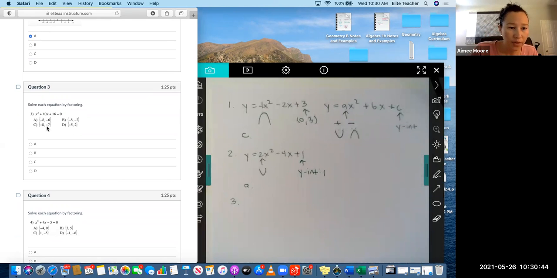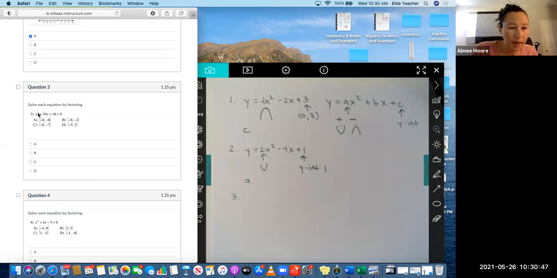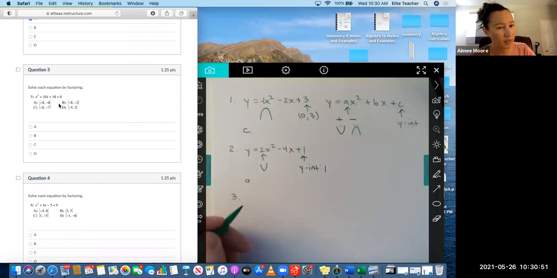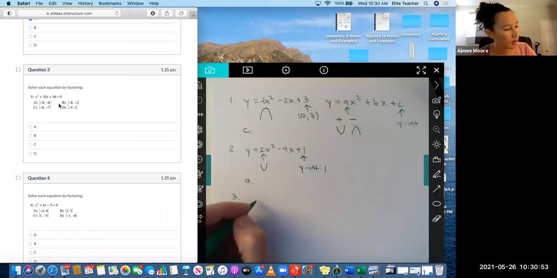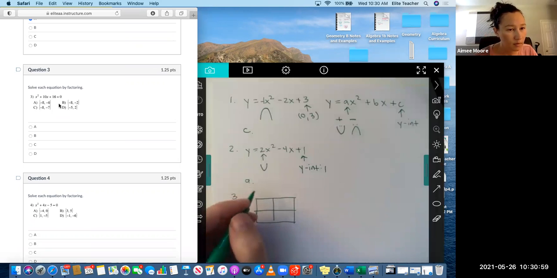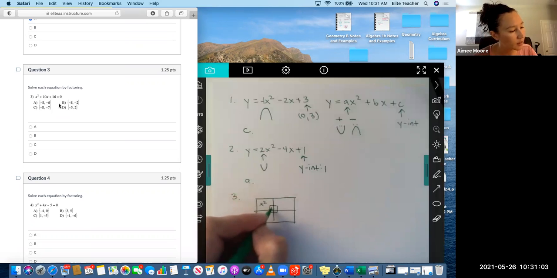All right, number 3, we need to solve this by factoring. So we need to find the x-intercepts. So we have x squared, we have 10x, and we have 16.